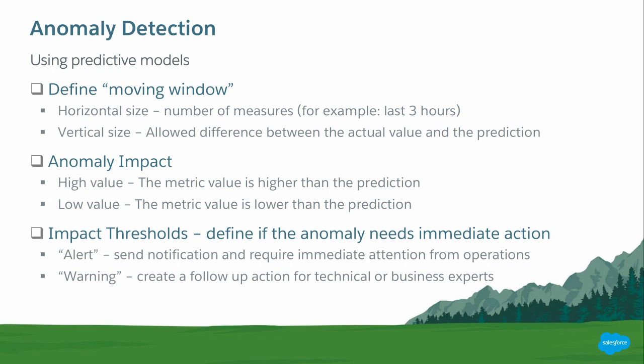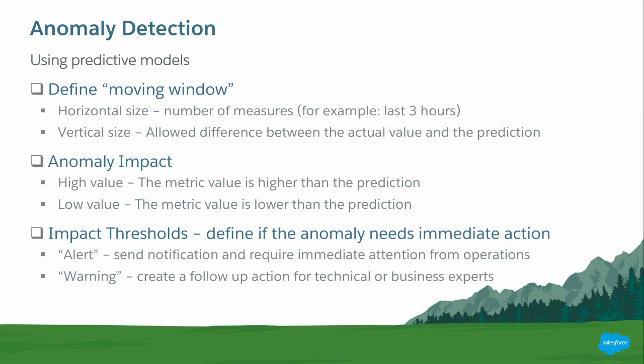So what is the impact of the anomaly? The anomaly could have a high value, meaning the metric value is higher than the prediction, or lower than the prediction. That determines whether you need to notify somebody, or just send a chatter message for follow-up, maybe during a weekly meeting.